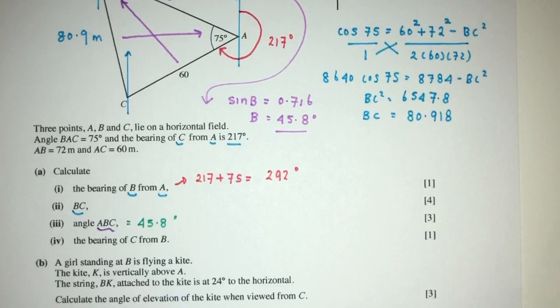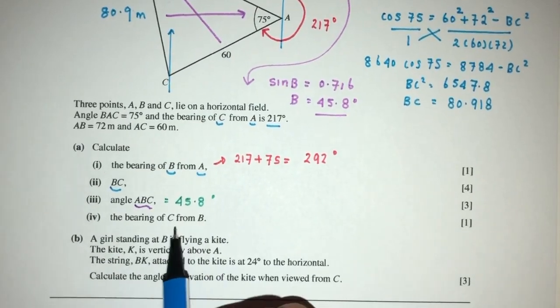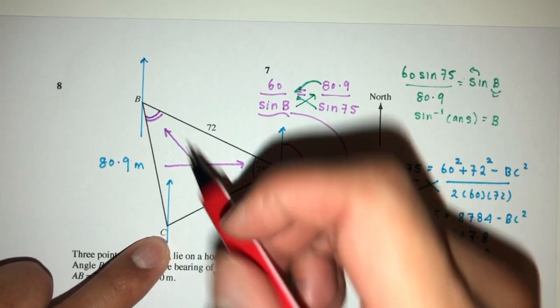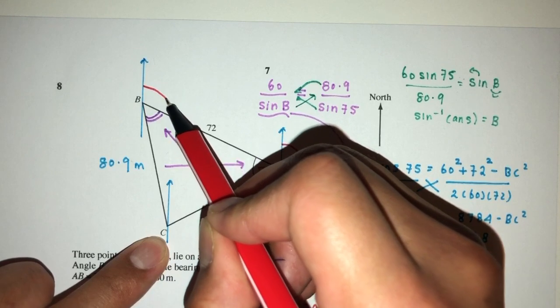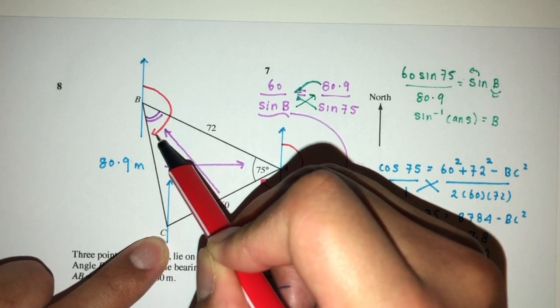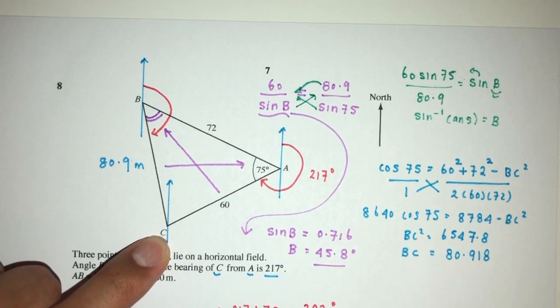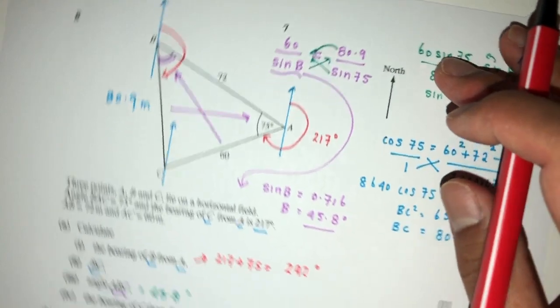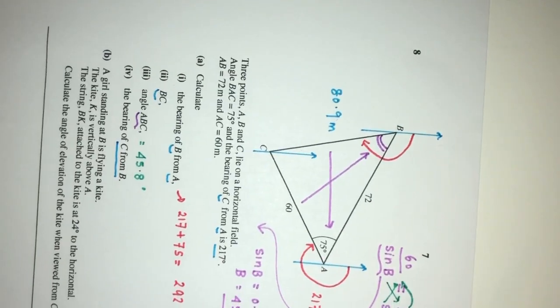Now for the last one, find the bearing of C from B. So let's see first, what are we trying to find? So the bearing of C from B will be this angle right here. C from B will be that angle. Now we have to look at the shape and the things that we have to find that angle. So it's pretty easy. If you were to just turn this around here, what do we have again?